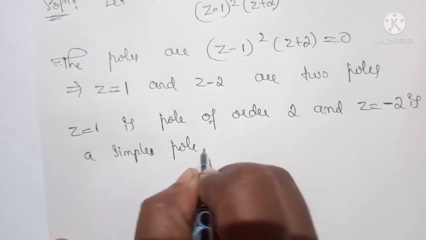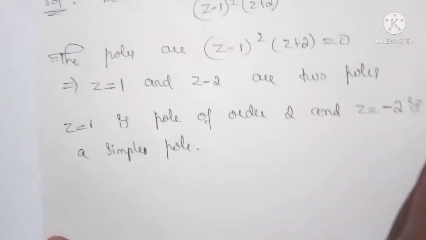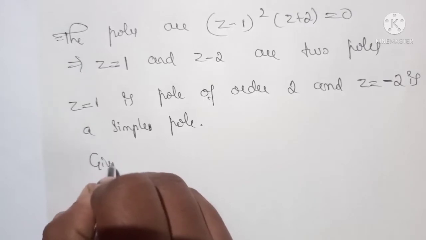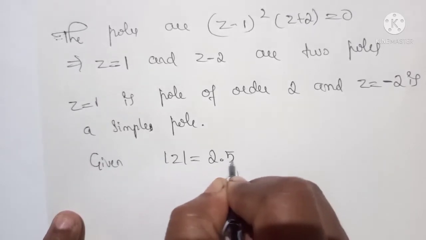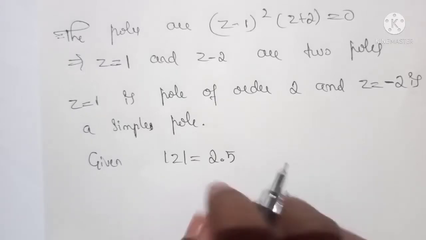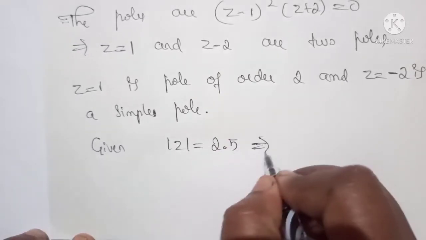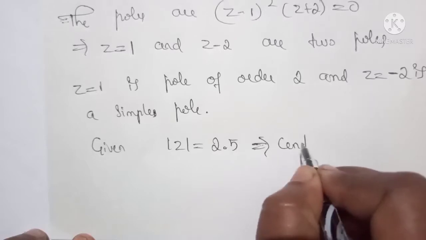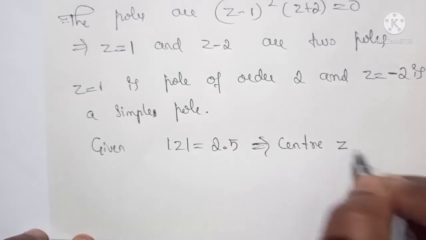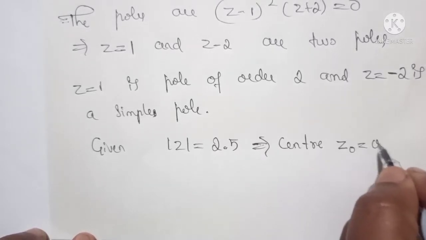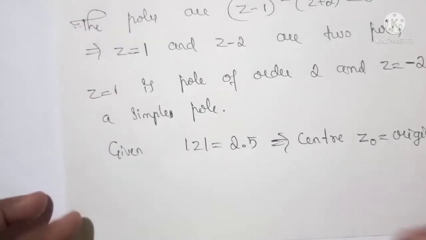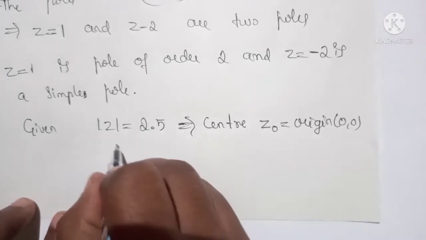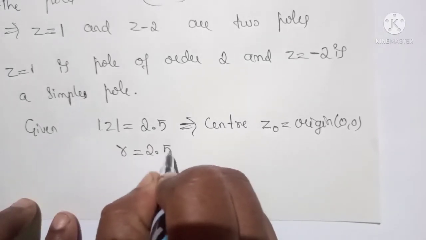Now given that mod z equals 2.5, it is a circle with center z0 at the origin, that is (0, 0), and radius equal to 2.5.